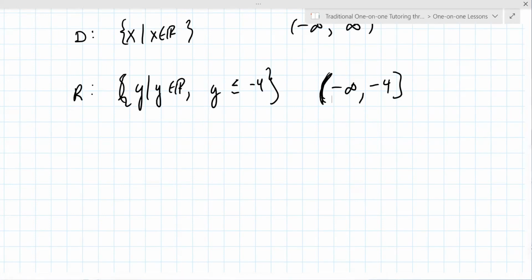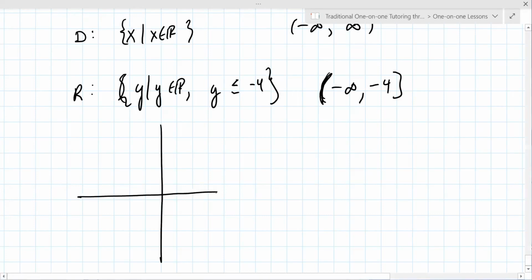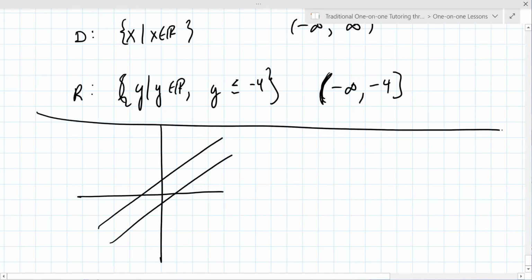The graphs don't necessarily start like an absolute value, they can start in different spots, like parallel lines. Yeah, stuff like that.